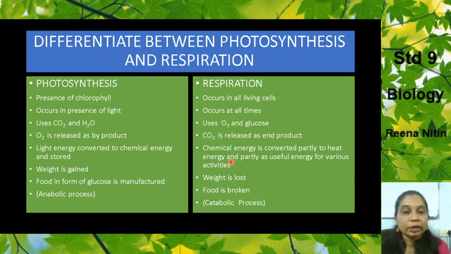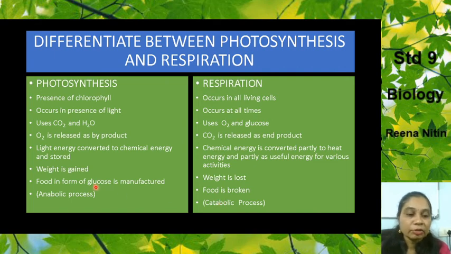In respiration, chemical energy is converted partly to heat. You know that during respiration heat is given out, and partly to useful energy, and a certain amount of energy is given out for the activities of the plant. Weight is gained by the plant in photosynthesis, while weight is lost in respiration. Food in the form of glucose is manufactured, while in respiration food is broken down.